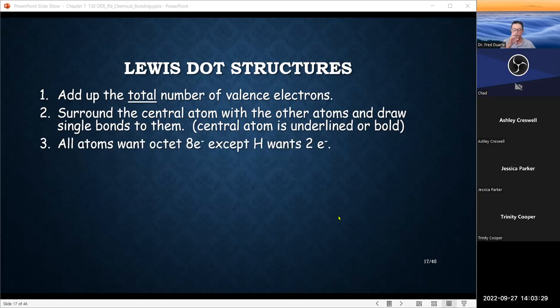When we start putting all these other atoms around the central atom, we take into account how many valence electrons we have to work with. Then take into account that all the atoms are striving to have 8 electrons around them to fulfill the octet, except hydrogen. Hydrogen only needs 2.